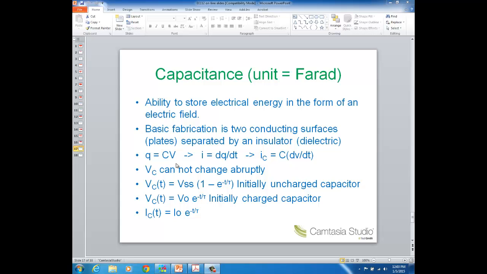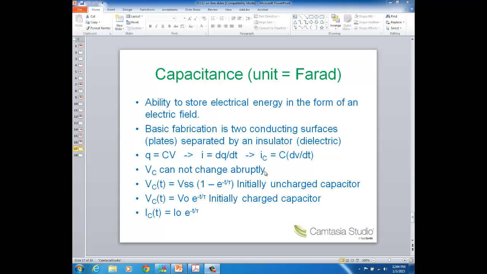But you see, because it's a buildup of charge or a lessening of charge, it takes time. So that's one explanation. Another explanation is just mathematically that if you have an abrupt change in time, then dt here is going to be very small.